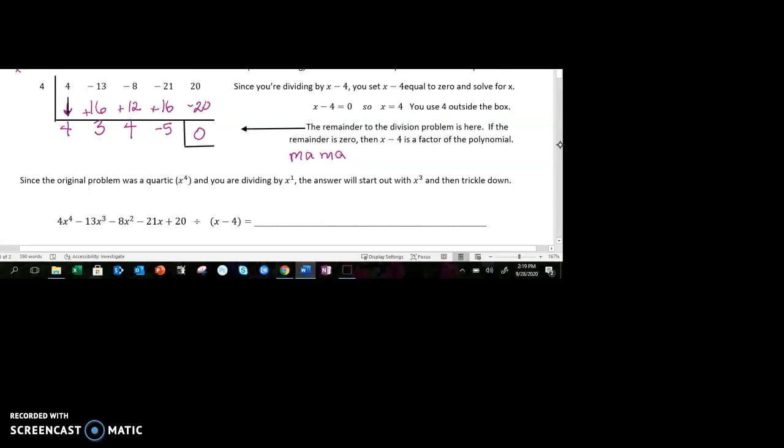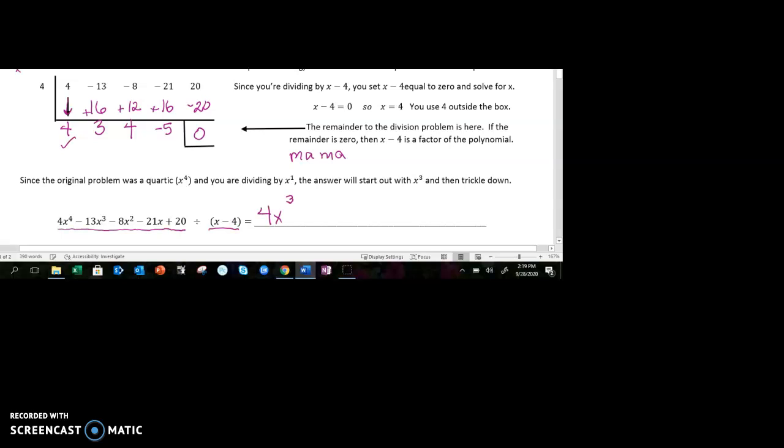So my 4x to the fourth minus 13x cubed minus 8x squared divided by x minus 4 will equal 4x cubed.